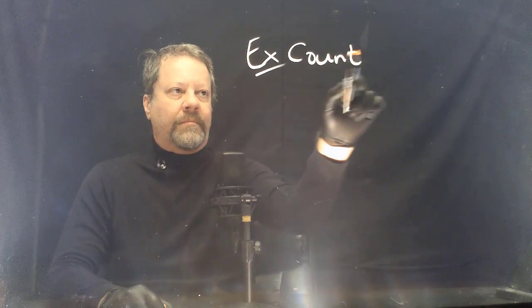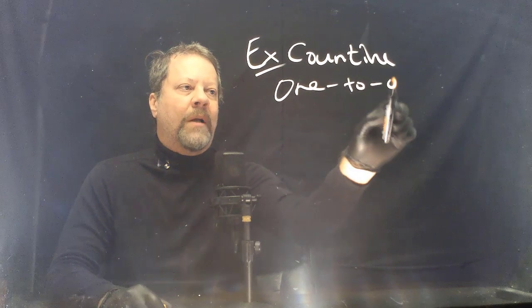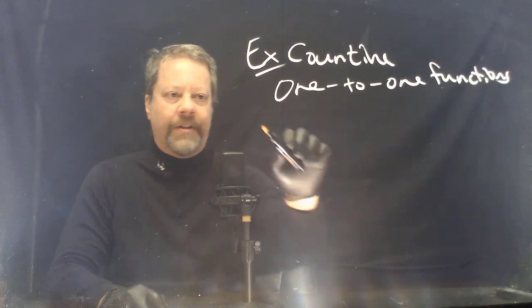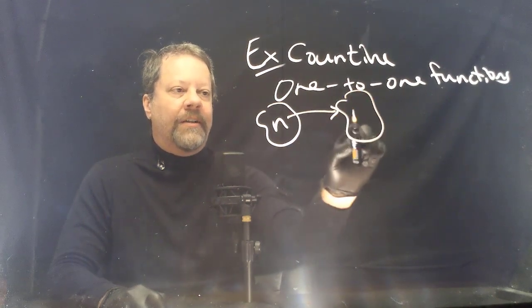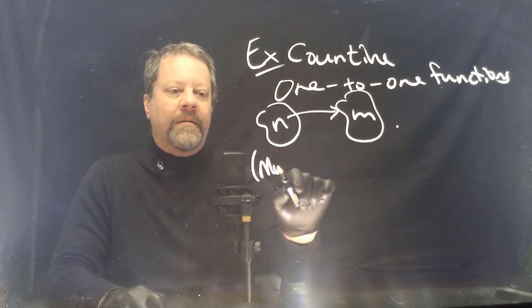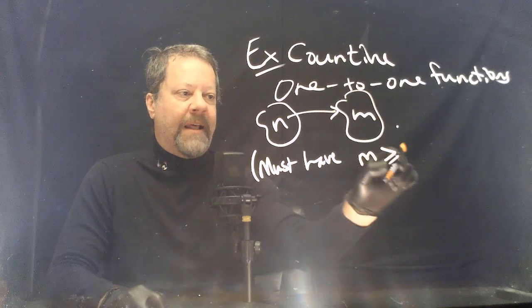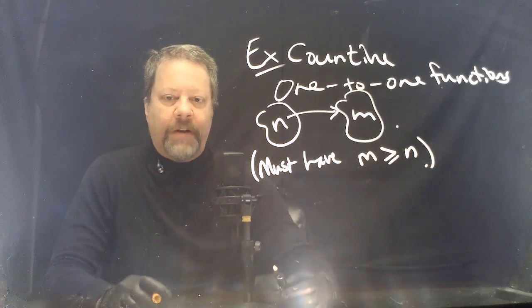We next consider counting one-to-one functions from a collection of n elements into a collection of m elements. Here you must have m bigger than or equal to n, otherwise there's no such function.